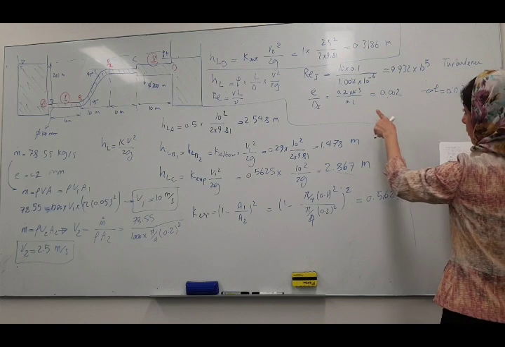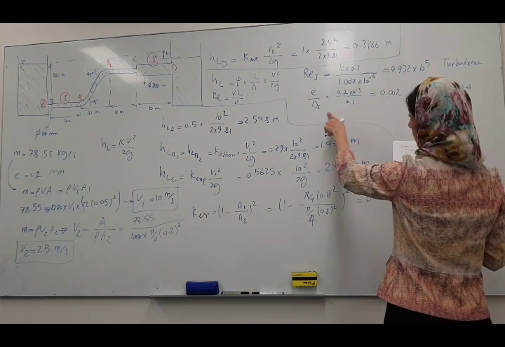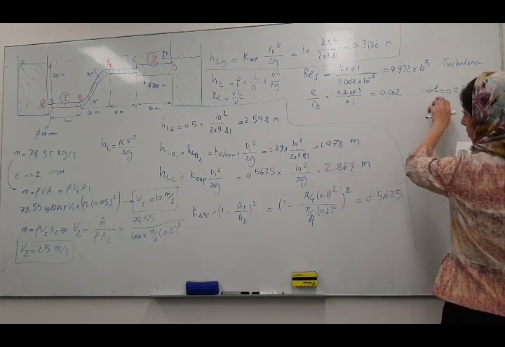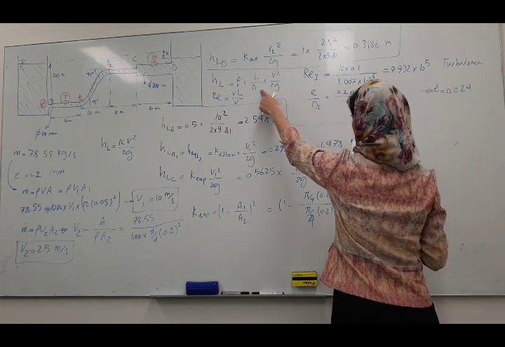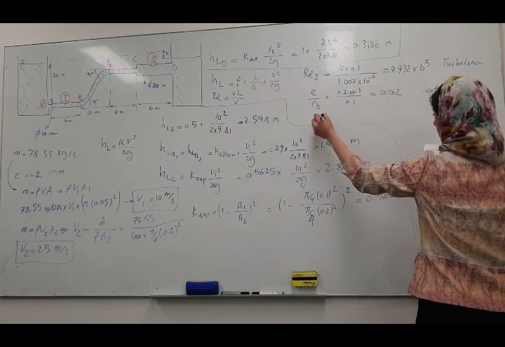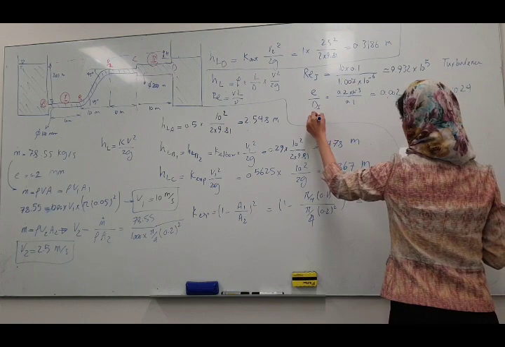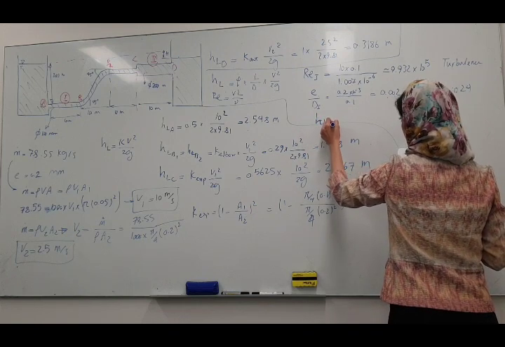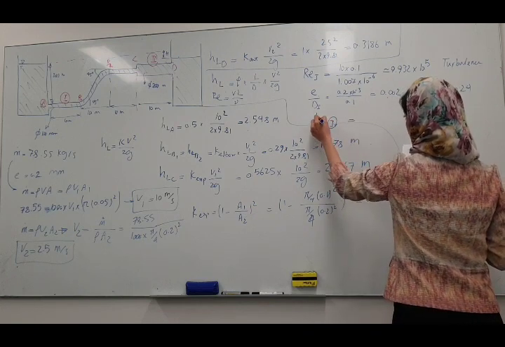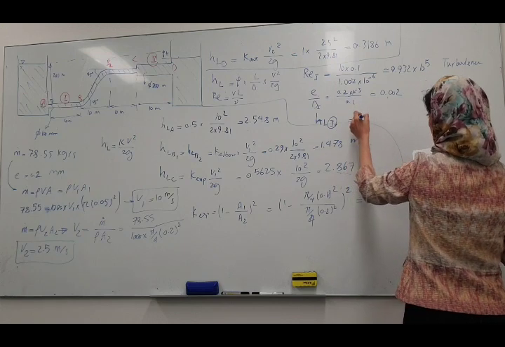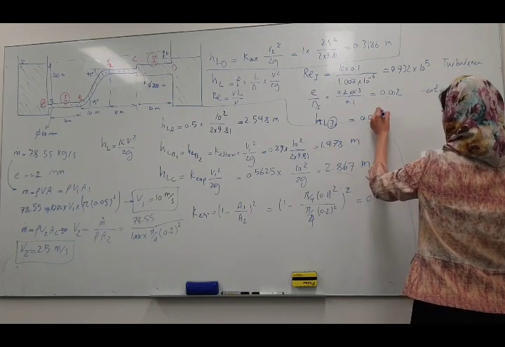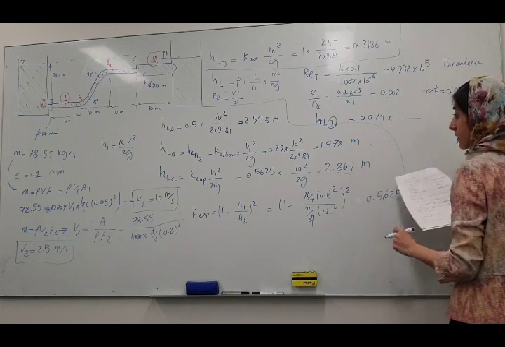The second pipe, okay, before we move into the second pipe, maybe it's easier if I insert these parameters into the formula. So if I insert all of them, the HL for the first pipe will be equal to 0.024 times the length.